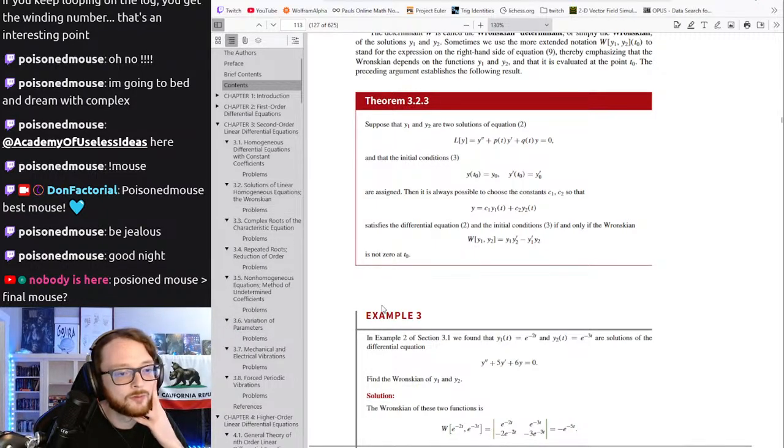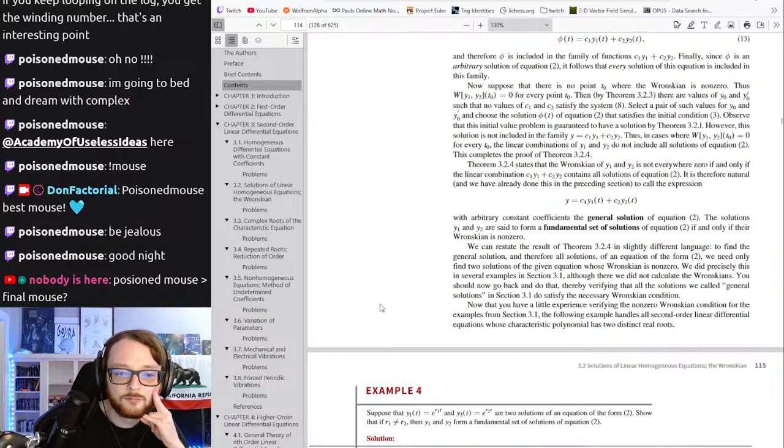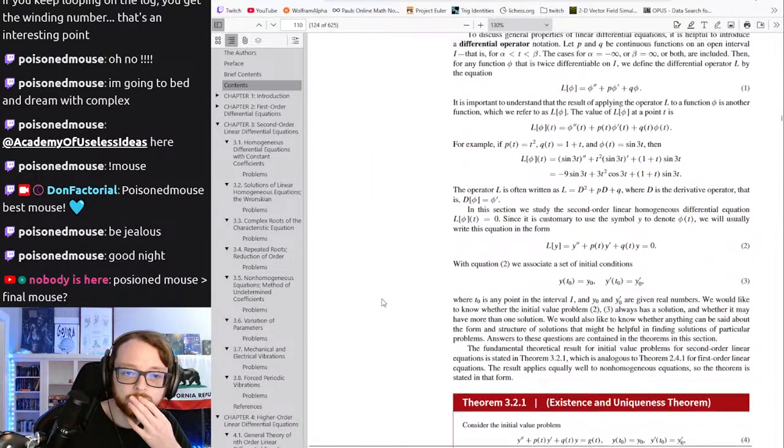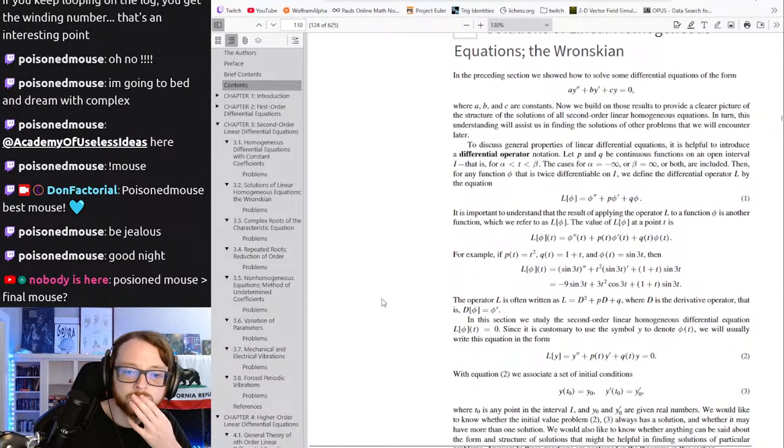I'm in 3.2. I don't know. Differential operator notation. Hmm. Interesting.